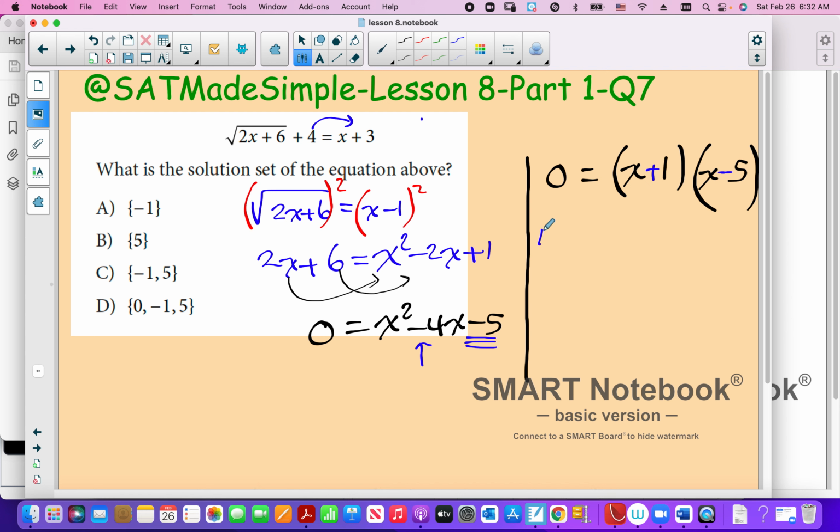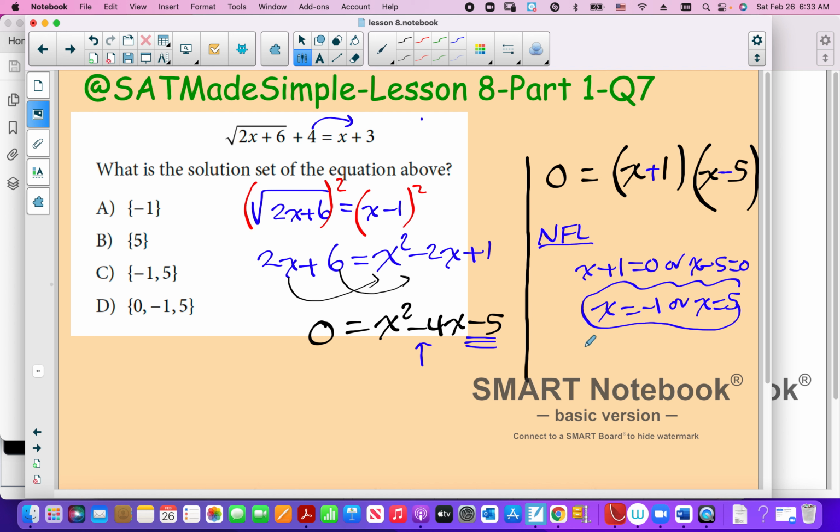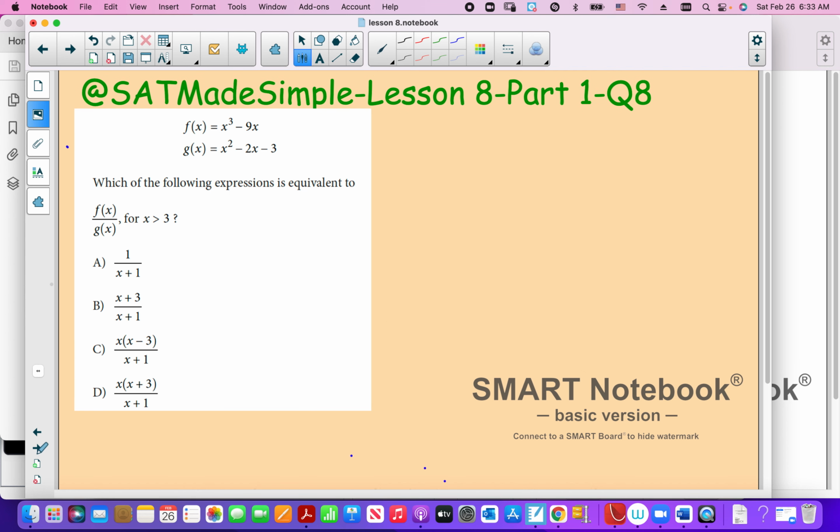Using null factor law, that will give me x plus 1 is equal to 0, or x minus 5 is equal to 0, making x is minus 1 or x is 5 the solution set. So the solution set is minus 1 comma 5, and that is C is my correct answer.